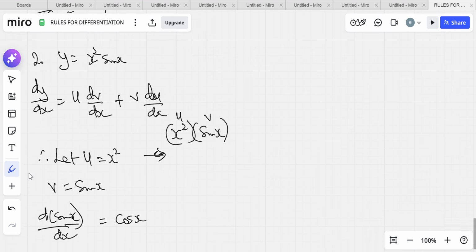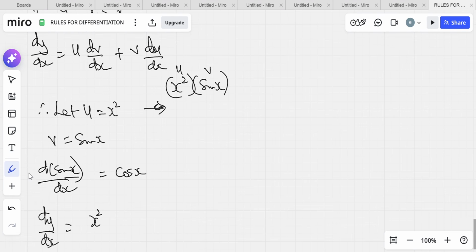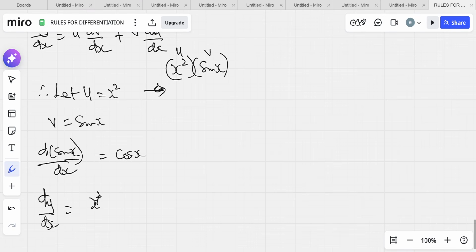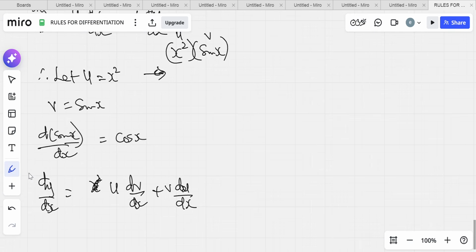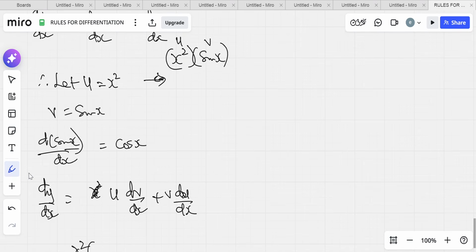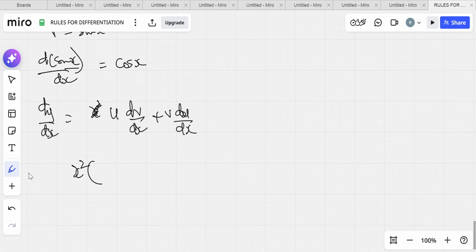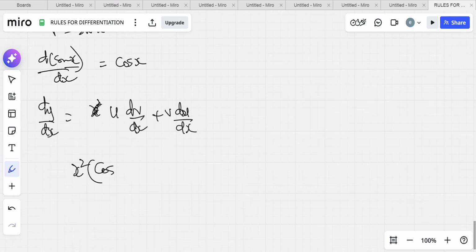Having that u dv over dx, so dy over dx will now be x squared, that is u, dv over dx plus v du over dx. Our u is x squared, so I have x squared bracket. What is our dv? Differentiation of sine x is cos x.